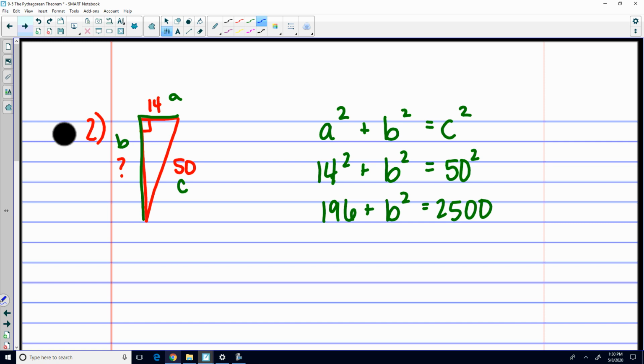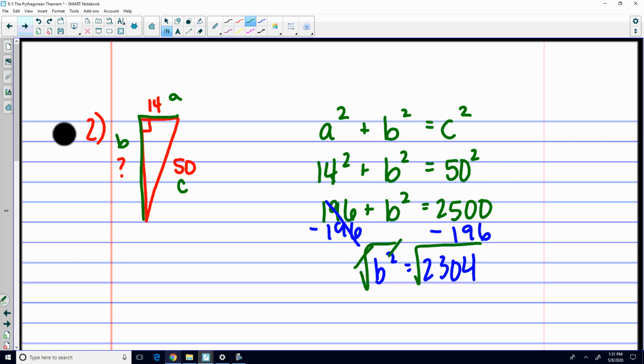Solve the equation. Minus 196, I've got to move it over. B squared is 2304. Now, off the top of your head, you probably do not know this, but that is a perfect square. So you're going to want to use your calculator, and you're going to take the square root of 2304, and you're going to get an actual number for it.